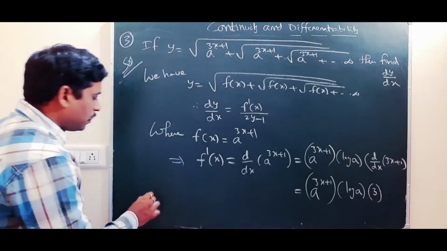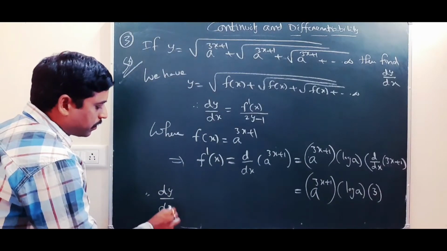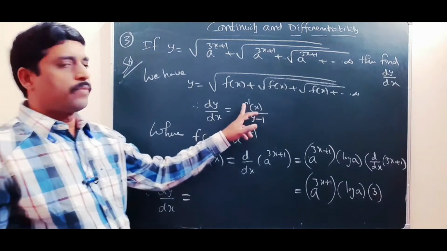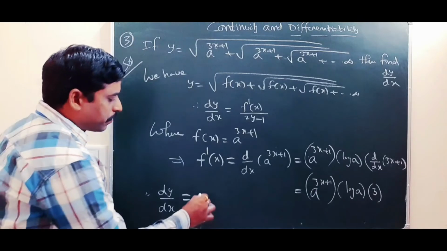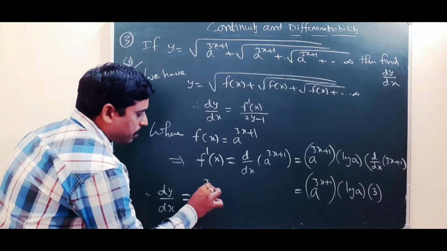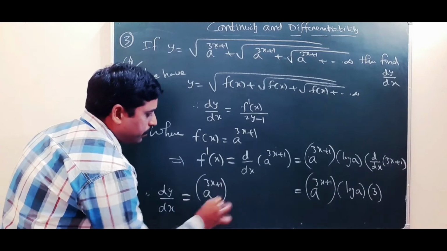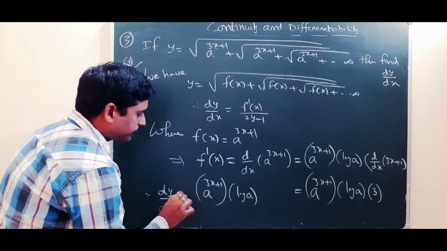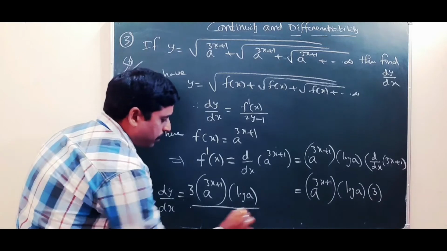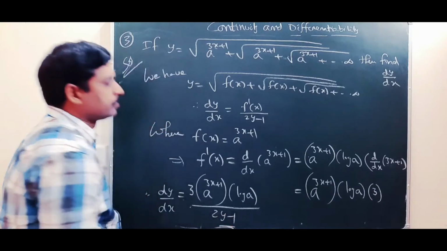So what is the answer? Therefore dy/dx, by the formula, f'(x) is a^(3x+1) log a into 3, this whole divided by 2y minus 1.